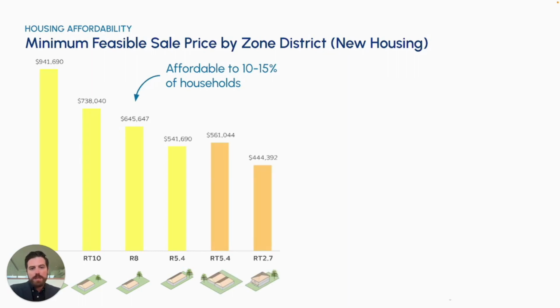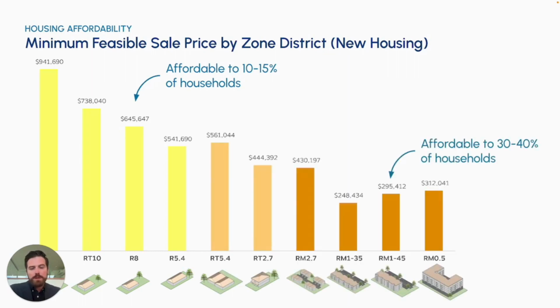Conversely, new homes in the multi-dwelling zones, which allow for a wider range of housing types at higher densities, could be sold for about $300,000 to $400,000 per unit and remain viable to build. These homes will be affordable to at least 30 to 40% of families in Missoula. There are 2 reasons that homes can be lower priced in the multi-dwelling zones. The homes are smaller, and also the cost of land can be spread across more units.